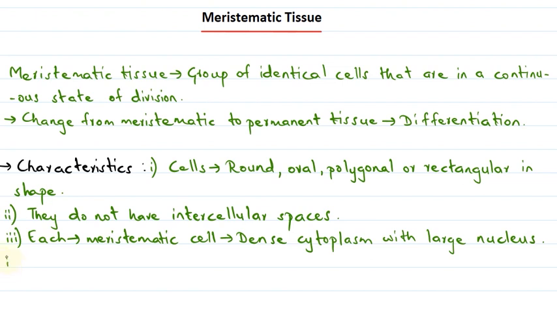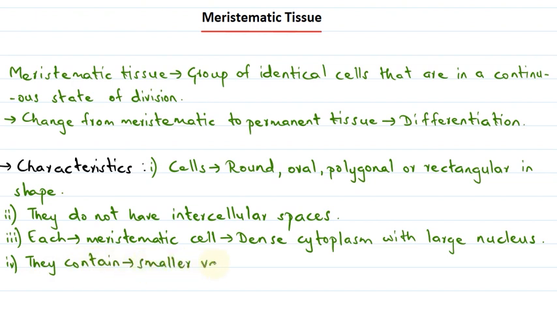Then the fourth characteristic feature is that the meristematic cells contain smaller vacuoles.